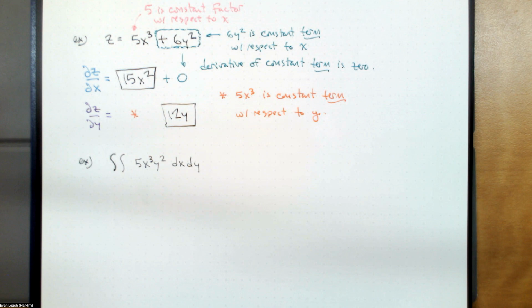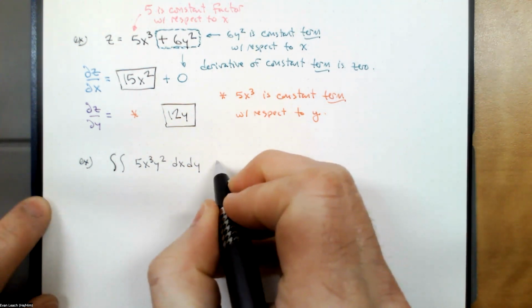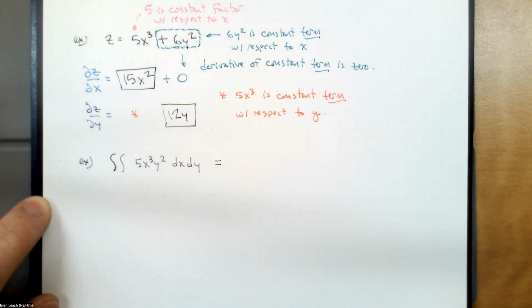What's the first variable that we run across? X, because it's inside, it's closest. Here's our function. The first thing that the function runs into is the dx. What is the integral of this function with respect to x, even though I haven't ever explained how double integrals work? I don't care. You already know. What's the antiderivative? Integrate with respect to x, please.